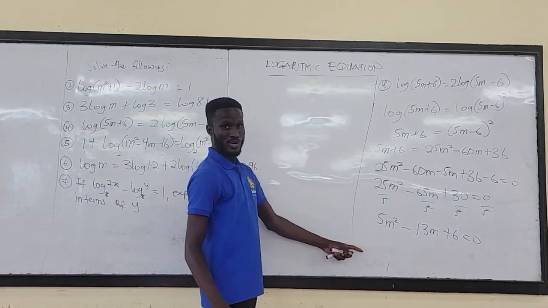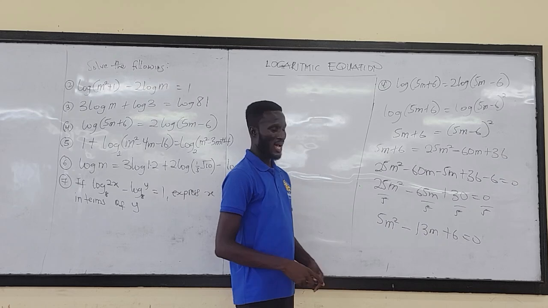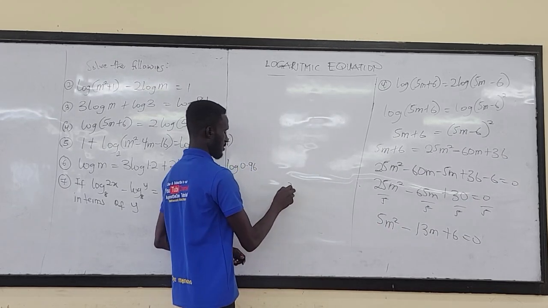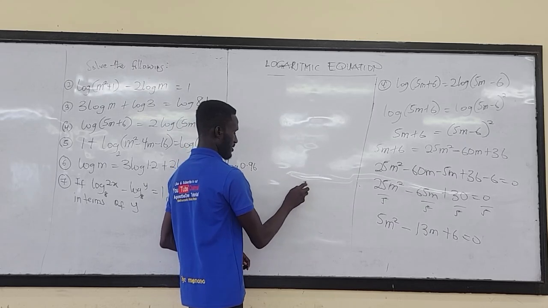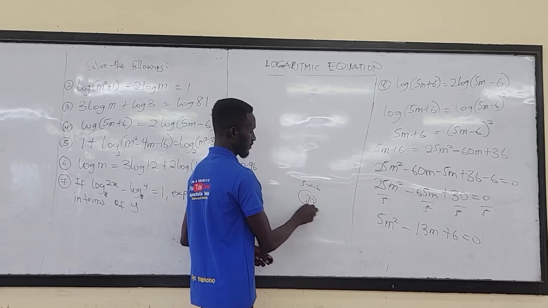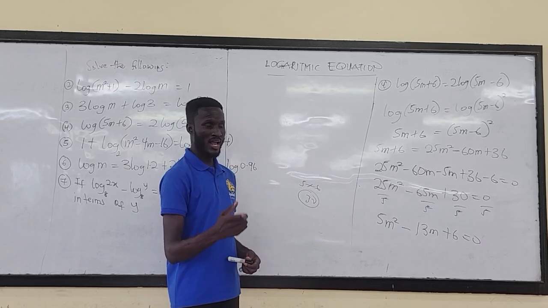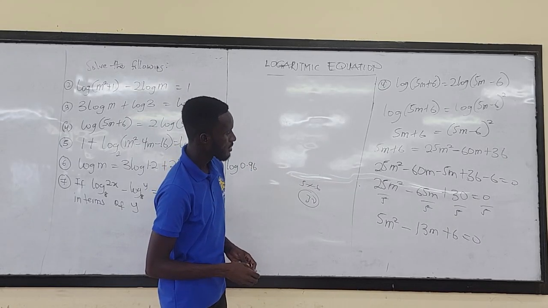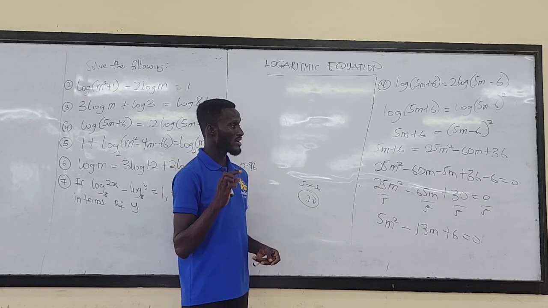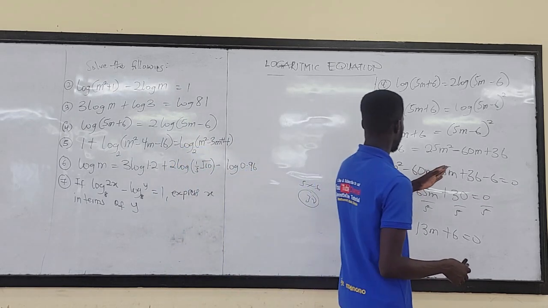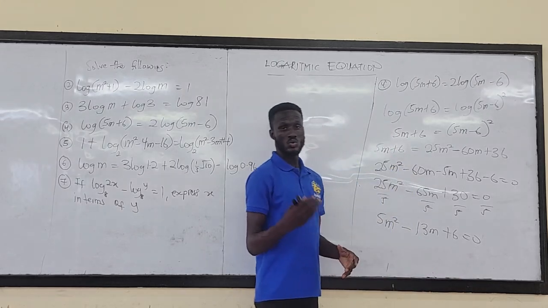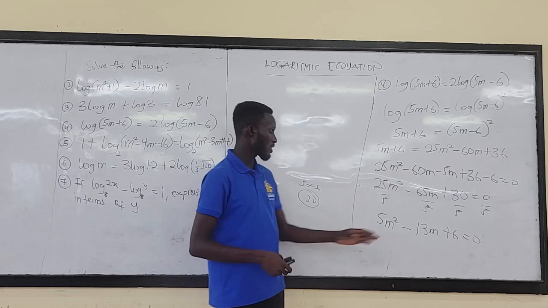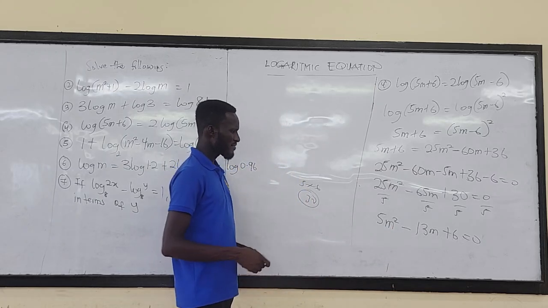Now at this point, what you have to do is to factorize this one. How do you factorize? We multiply 5 by 6, which will give us 30. Now, we need two numbers that when you multiply give you 30, and when you add give you negative 13. Let's look at all the factors of 30.